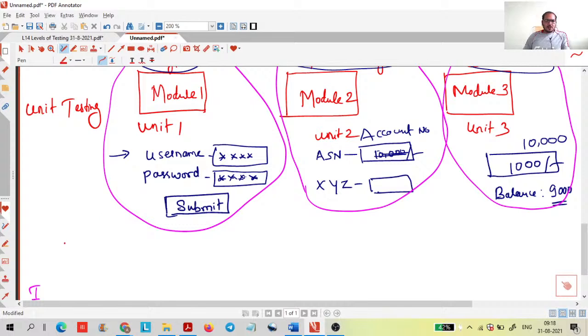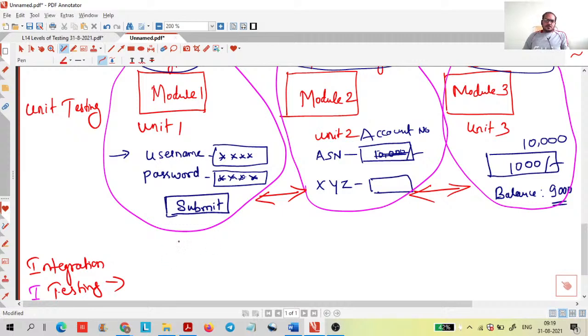Previously there was no connection. Now we need to check the data flow from one module to another module.